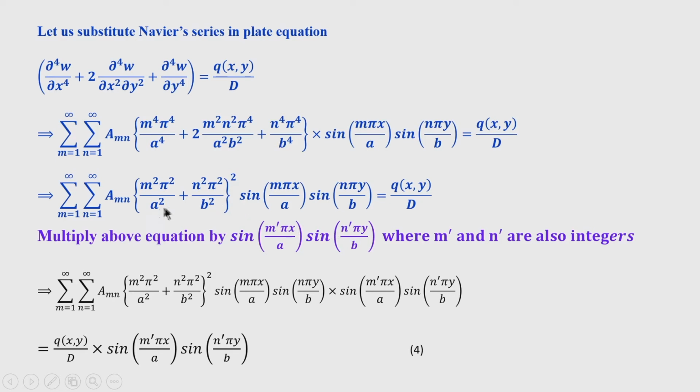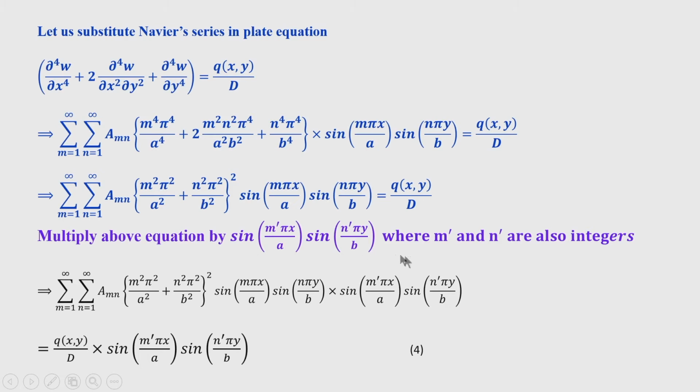So, if I multiply both sides by this function, I am writing the left-hand side, which was a_mn (m²π²/a² + n²π²/b²) sin(mπx/a) sin(nπy/b), multiplied by sin(m'πx/a) sin(n'πy/b).